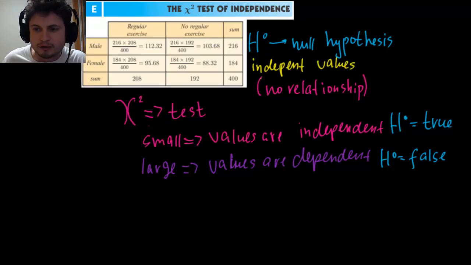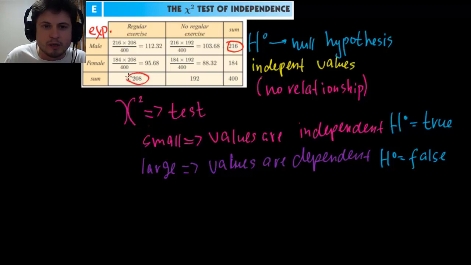Now, if you do this manually, just like it is in the book, this is what you'll get. You'll get a table just like this, and this is actually a table called expected values. And what you do is you look at each of the sums of all males, and then sums of regular exercise. You cross-multiply them, so you do 216 times 208, and then you divide them by the total number of everything, so divide them by 400.